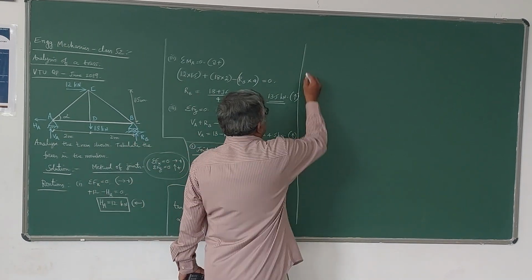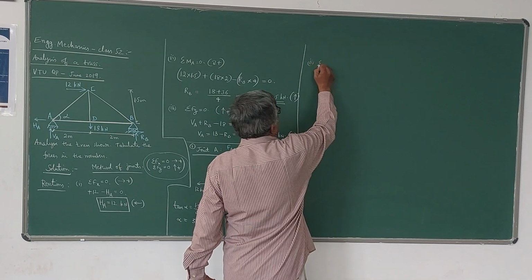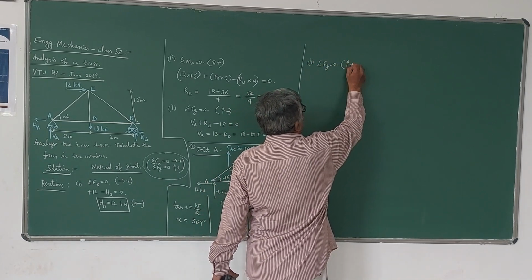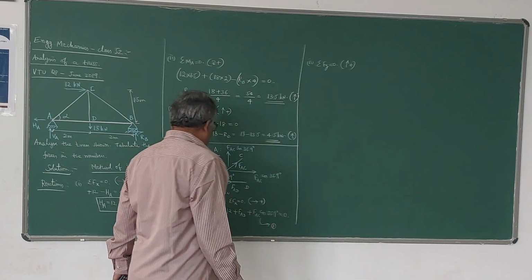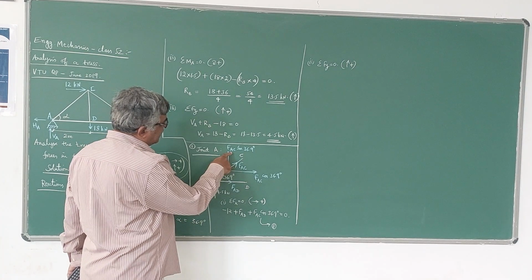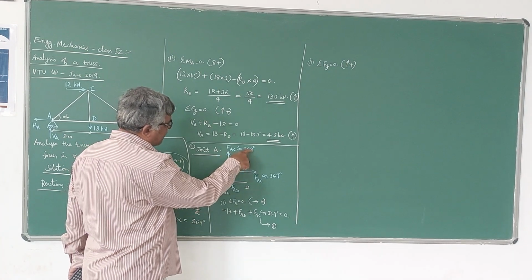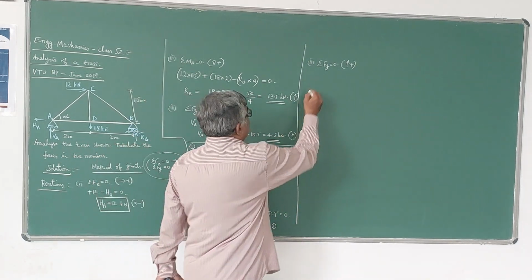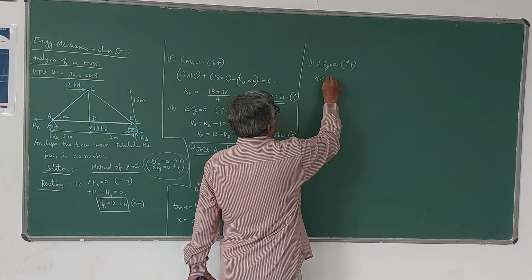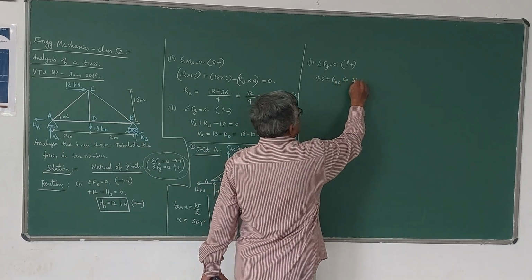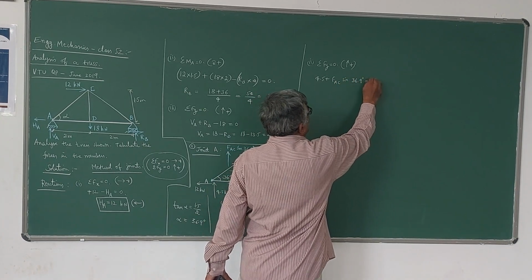Now the second equilibrium equation we have to apply for the joint is sigma Fy equal to 0. I will take upward forces positive, downward negative. So 4.5 is positive. FAC sin 36.9 is also positive. These two should not be considered. So 4.5 plus FAC sin 36.9 degrees is equal to 0.